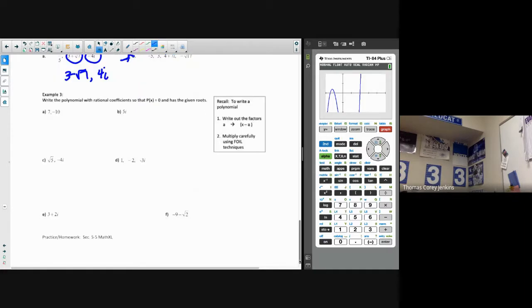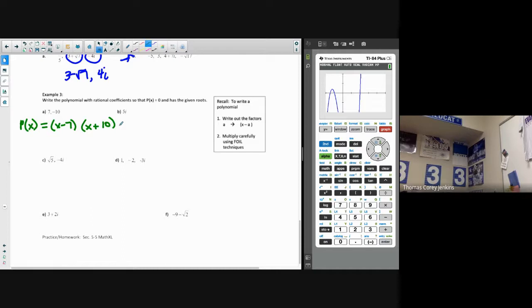All right, now we get into writing the polynomial, using what I just said. We'll start with an easy one that just has rational roots. We would say p of x equals, and then use your linear factors that produce these roots. So x minus 7 would produce 7, and x plus 10 would produce negative 10.